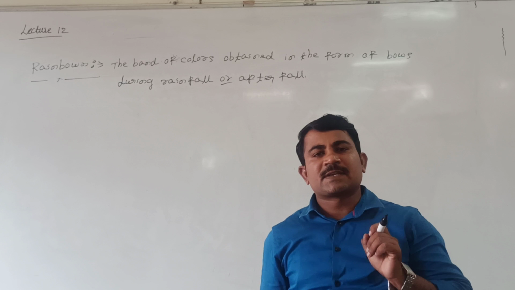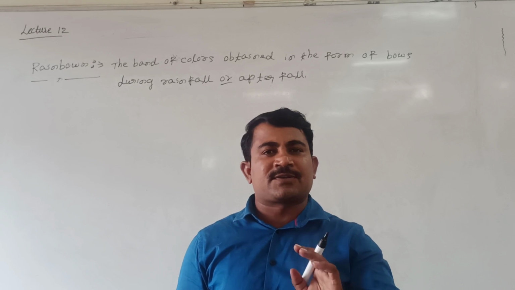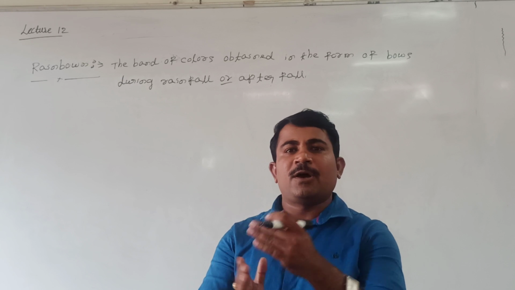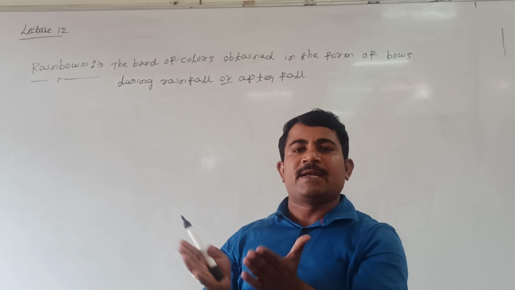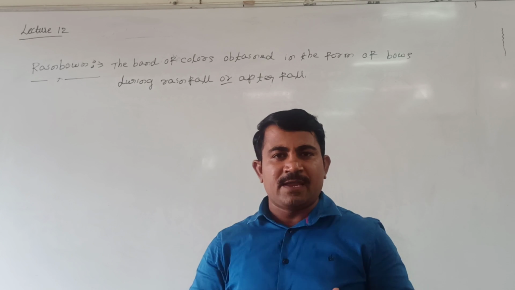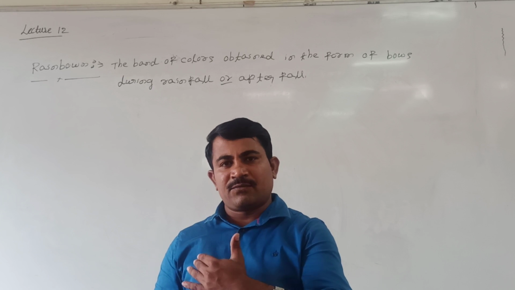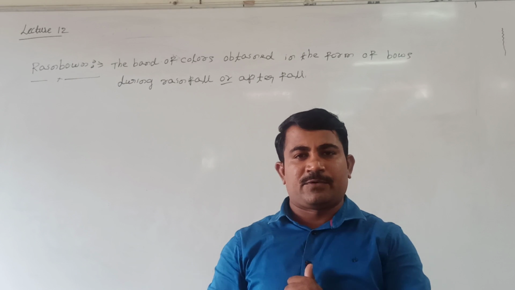Actually, this rainbow is due to the combined effect of dispersion, refraction and total internal reflection. I mean, during rainfall or after rainfall, 7 types of colors are obtained in the sky, that phenomenon we are calling rainbow. Generally, the band of colors is obtained across the sky, that we are calling rainbow.